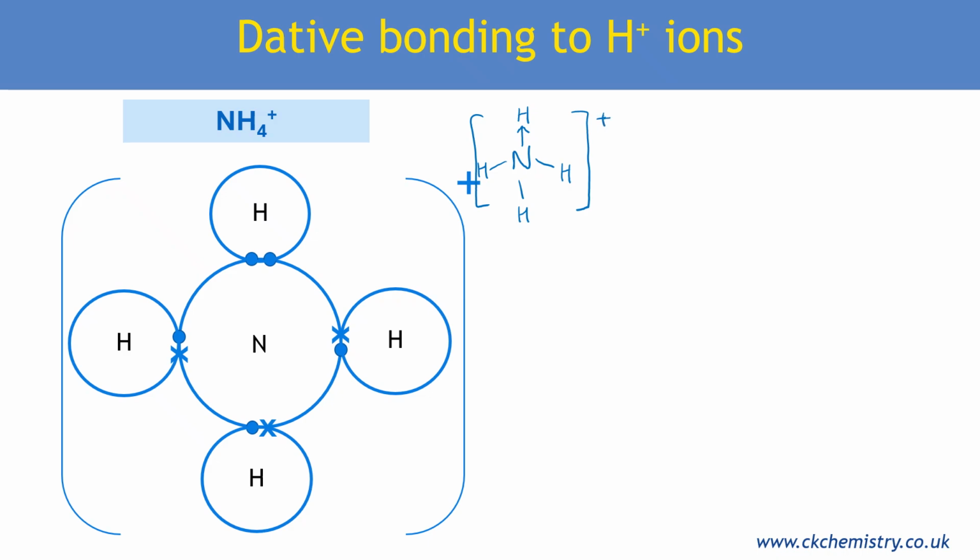I've drawn that really small simply because I want to be able to show my next ion on the other side of this slide, which is H3O+, and literally same thing.